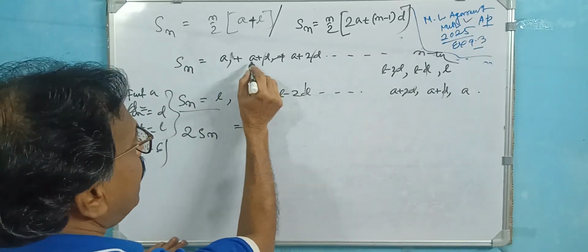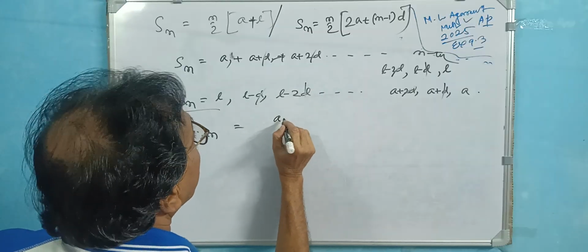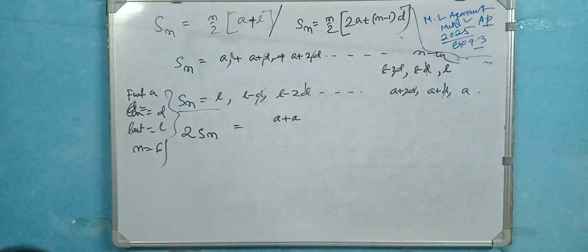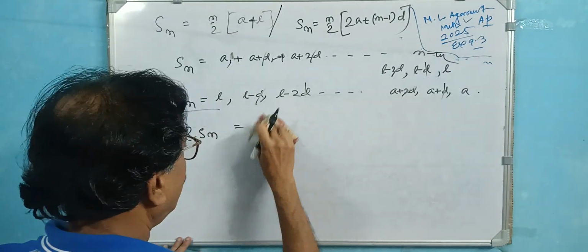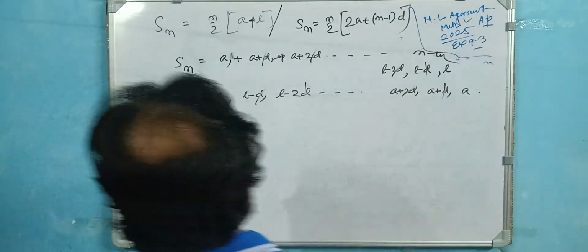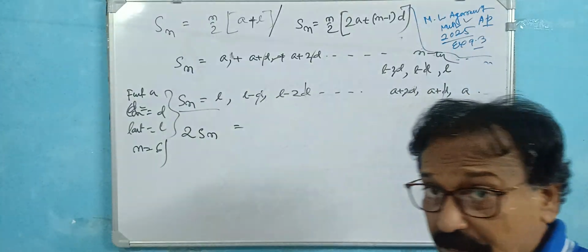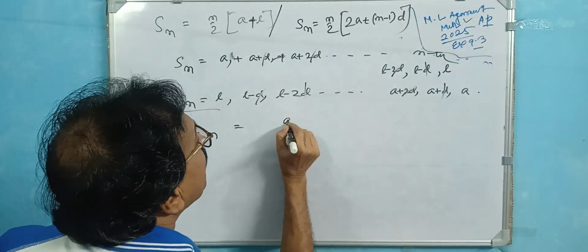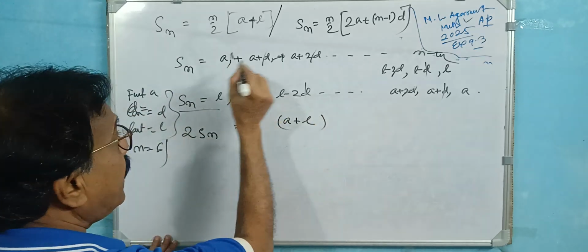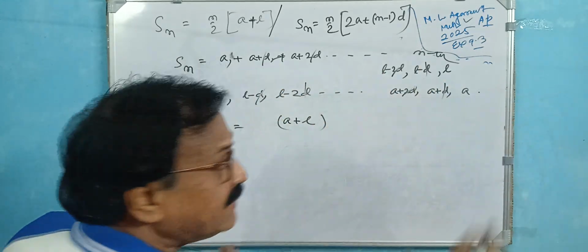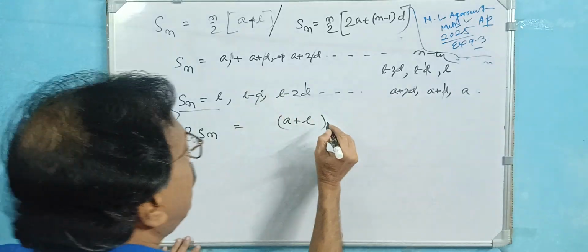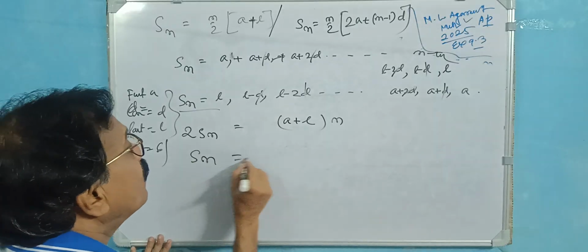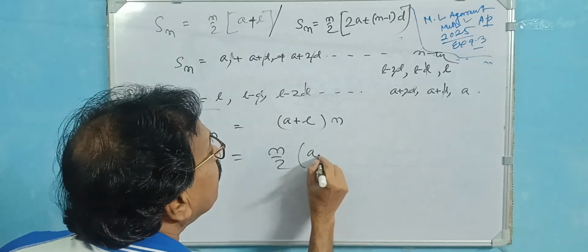All the a's together are n times, and l is also n times. Is that clear? So this is a plus l, n times. So 2Sn is n times (a plus l).